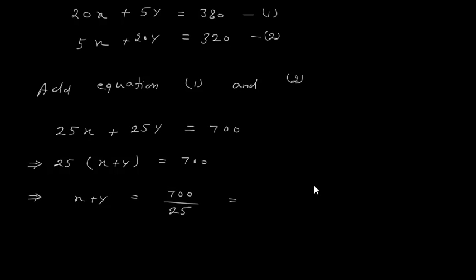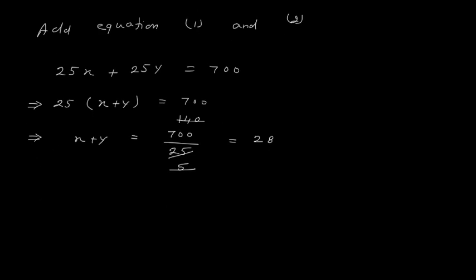Cancelling with 5, we get 140, and cancelling again with 5 we get 28. So x + y = 28. We consider this as equation number 3.